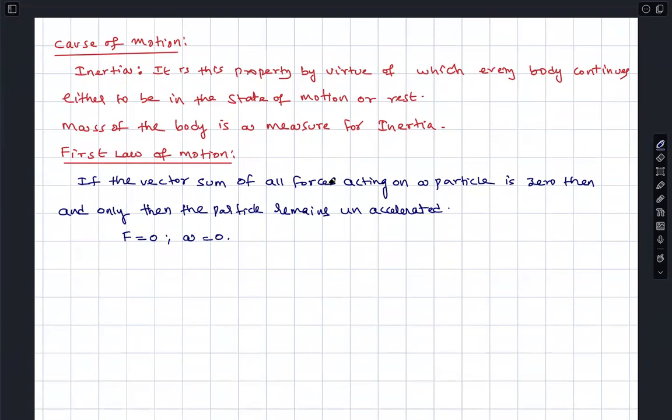See, remember when I am speaking about this particular terminology, when I am applying this law, I am in an inertial frame. To apply this law, one must be in an inertial frame. Then the question is, what is inertial frame?